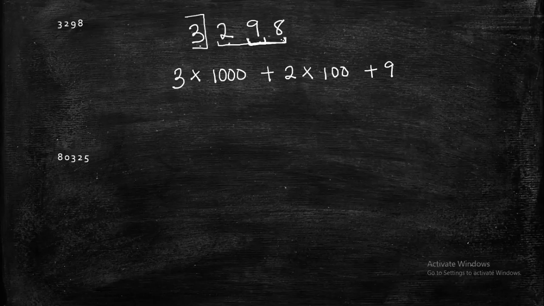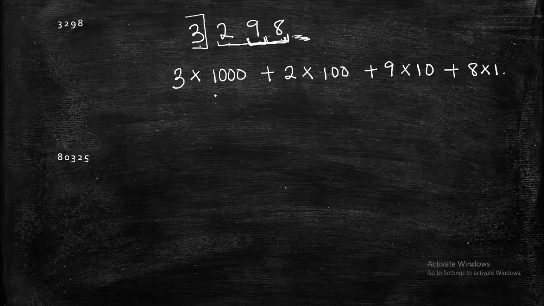How many numbers do we have on its right? We have only 1 number, so we say times only 1 zero. Then we put the 1 here, and then we go for the last one, meaning 8. How many numbers does it have on its right? It has no number on its right, so we leave it empty, and then put the 1. Empty space for 0, and then put the 1.